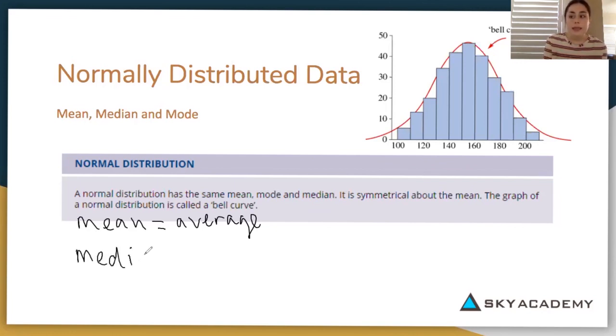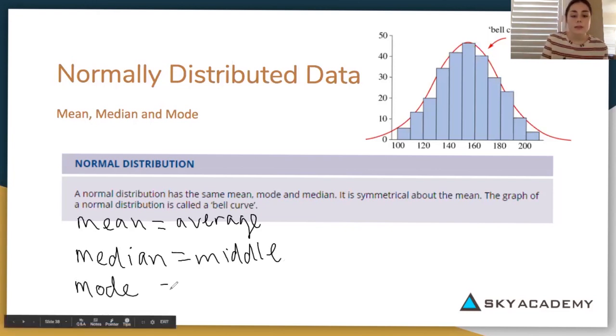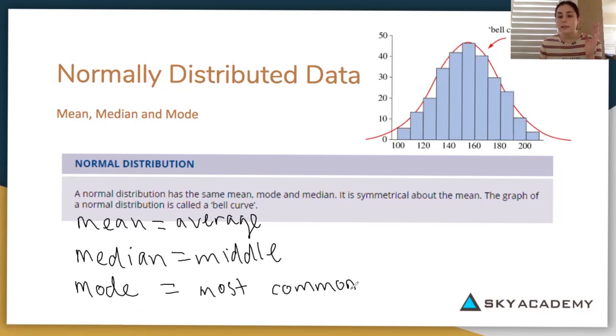So when you put all your scores in increasing order from lowest to highest, the middle score is going to be your median. And your mode is going to be the most common score. So if you have 6 6s and 2 2s, then your mode is going to be 6 because it's the most common score. There's more 6s than there are 2s.